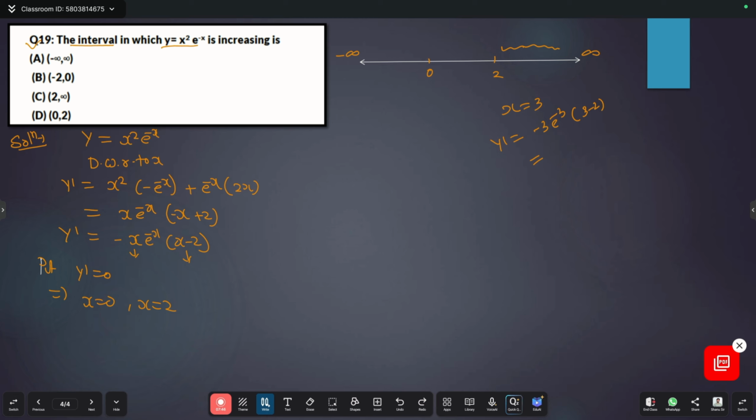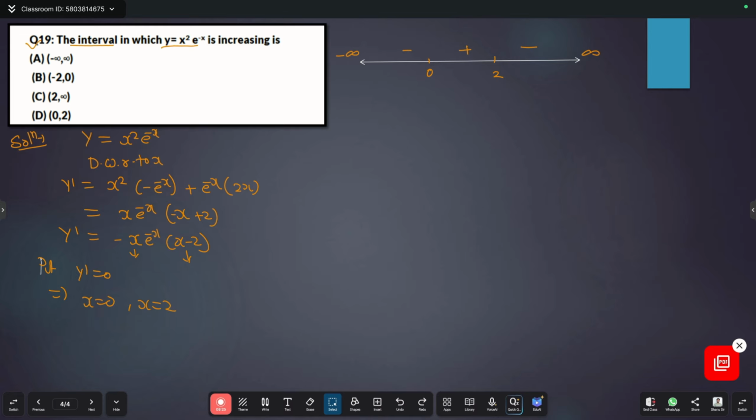So finally this answer will be negative, because e to the power is always positive. So this interval is negative, and because all the factors are linear, the signs alternate: minus, plus, minus. Or else you can check again: put any value between 0 and 2 and you will get a positive sign. Any method you can apply.